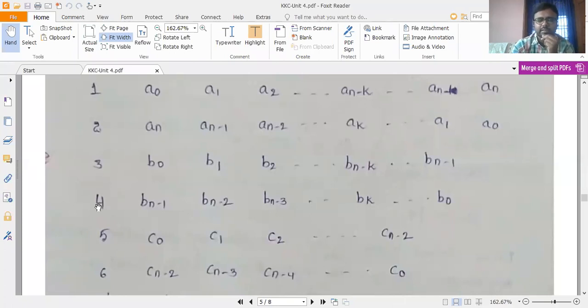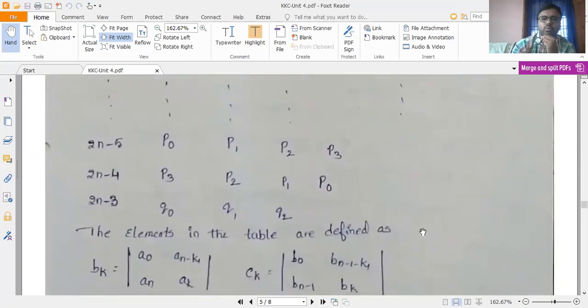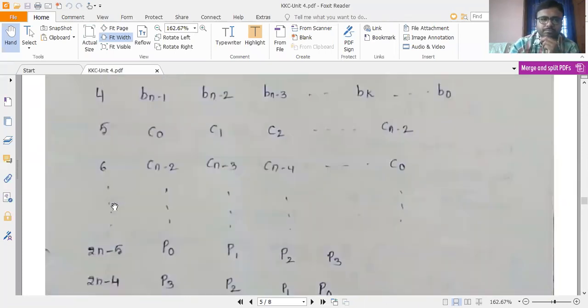Let us suppose that particular values are c0, c1, c2, and so on up to cn minus 2. And the sixth row is nothing but the reciprocal of cn minus 2, cn minus 3, and so on up to c0. So up to how many rows this particular table is going to be framed? Up to 2n minus 3 rows.